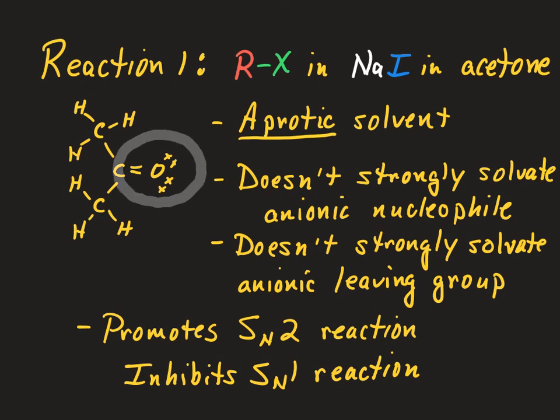That oxygen doesn't have any hydrogens on it, right? So as a result of being aprotic, it doesn't strongly solvate an anionic nucleophile, right? That is, it doesn't surround the nucleophile, which means the nucleophile can act as a better nucleophile. It also doesn't strongly solvate an anionic leaving group.